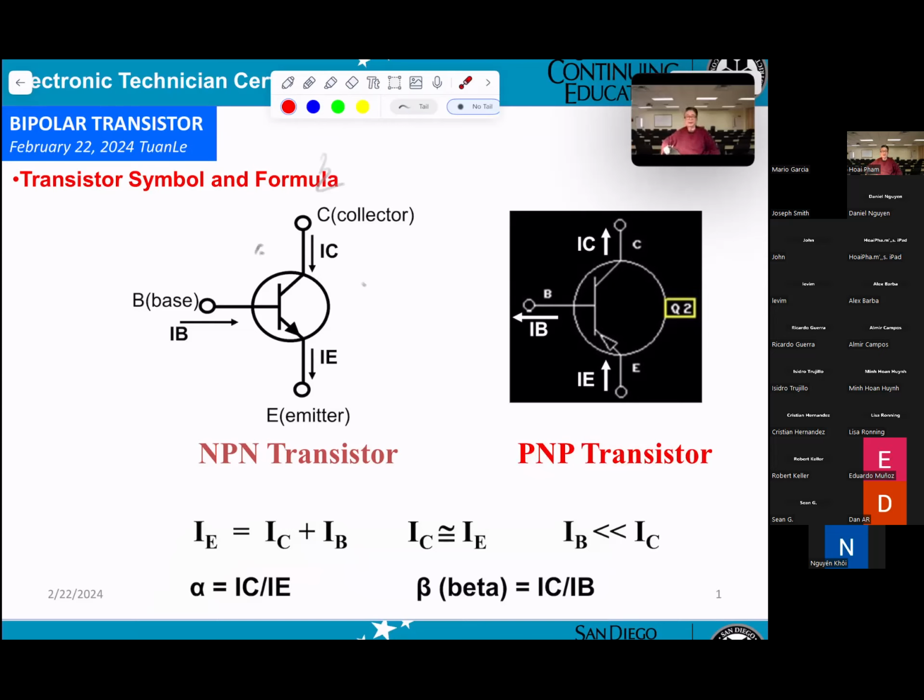How can we recognize NPN or PNP? The arrow is either facing the base or opposing it. Looking here at the arrow, NPN is going out, PNP is coming in.